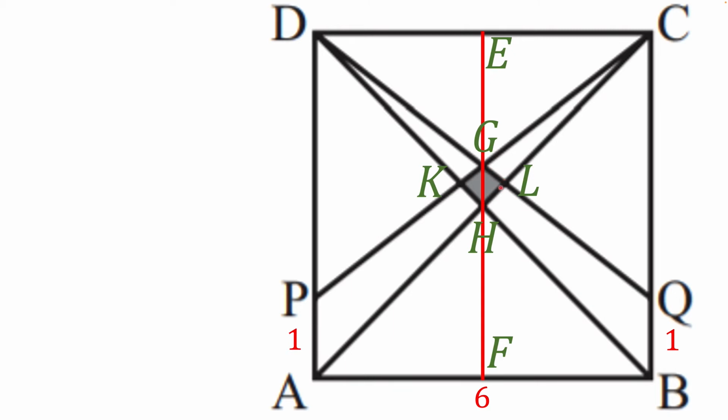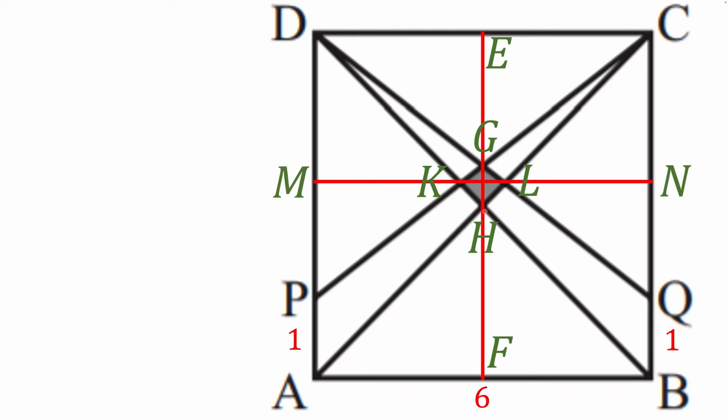Now, how do we calculate the area of GLH, for example? Well, the area of the triangle is half the base times height. We can use GH as our base, and now we need a height, an altitude going from the vertex L onto the line GH.